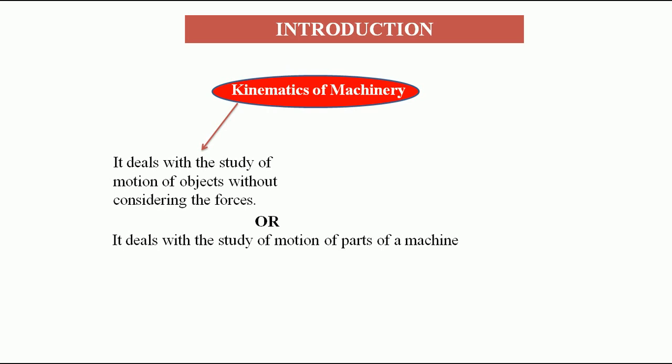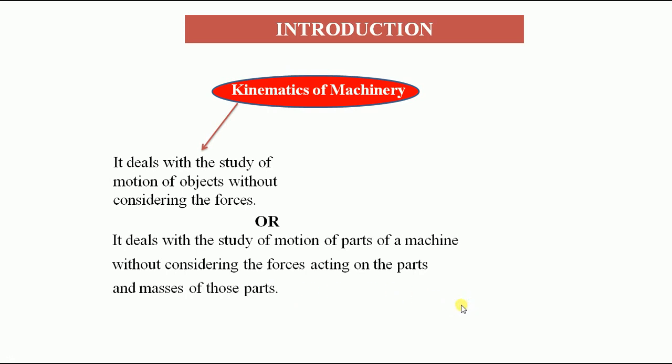Otherwise for all the parts we'll be studying the motion characteristics, and at the same time without considering the forces acting on those parts. So kinematics means we need to study the motion without considering the forces. The same sentence we have repeated. And the next step, the masses of those objects. So we should not consider the forces as well as the mass of a particular part of a machine.